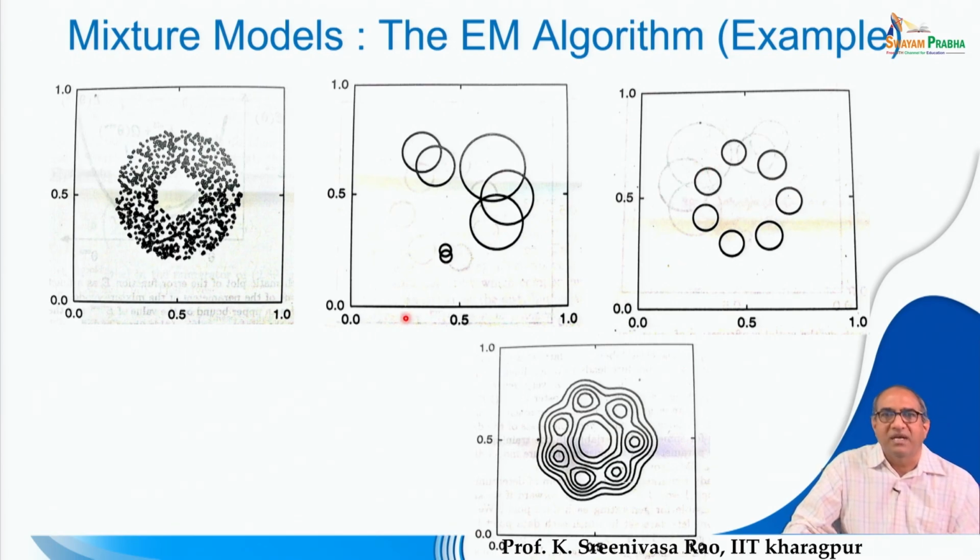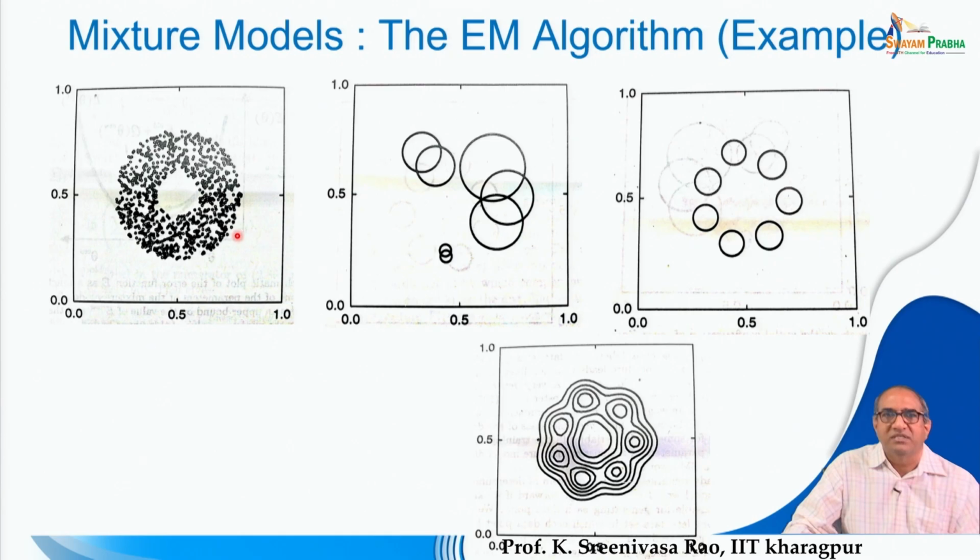Here, in this case, initially we choose 7 components and their parameters are something like this. After the 20th iteration, what we observe is that there are 7 Gaussians, almost arranged in a circular way as per wherever the data is available.